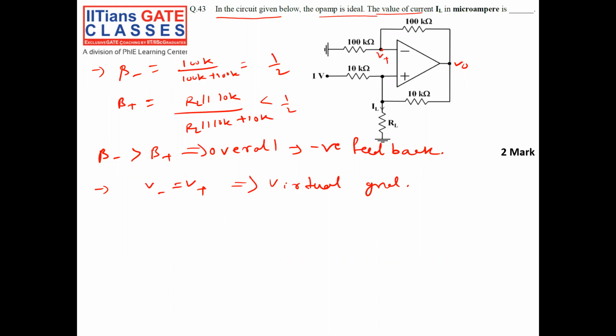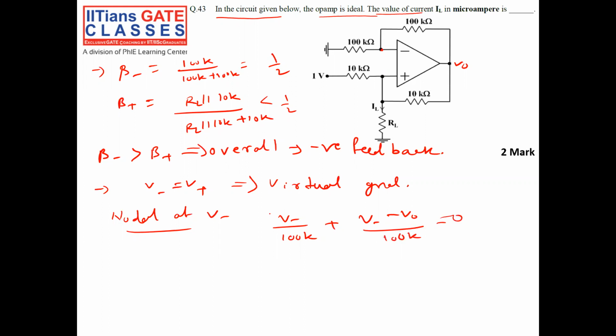Suppose this point B. So V negative by 100k plus (V negative minus V0) by 100k equal to 0.